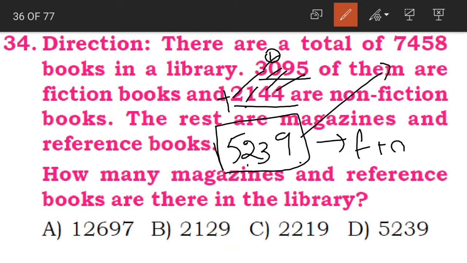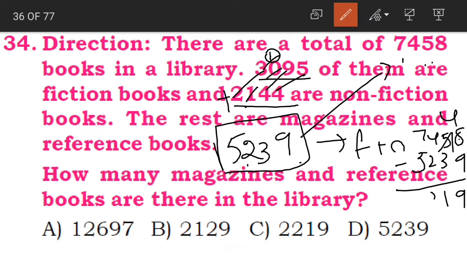Now when we subtract this from the total number of books, 7458 minus 5239. 8 minus 9, it is not possible, so we are borrowing. 18 minus 9 is 9. 4 minus 3 is 1. 4 minus 2 is 2. 7 minus 5 is 2.